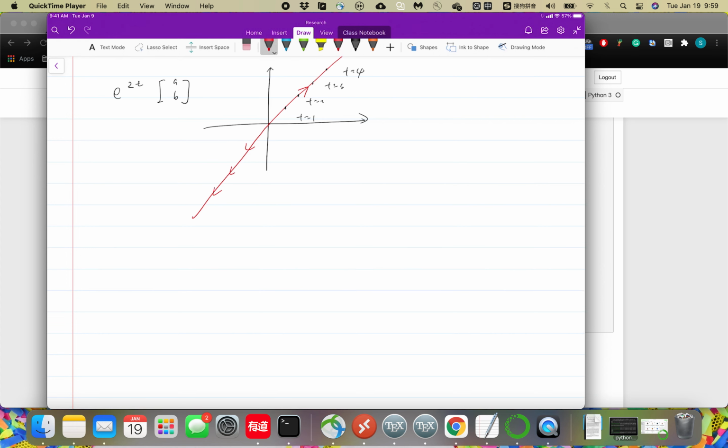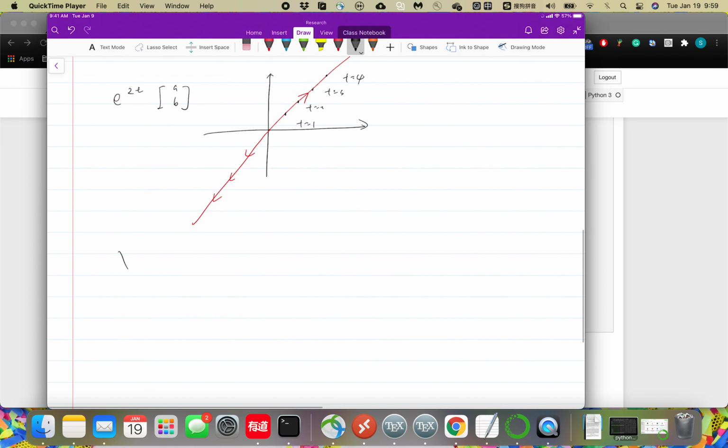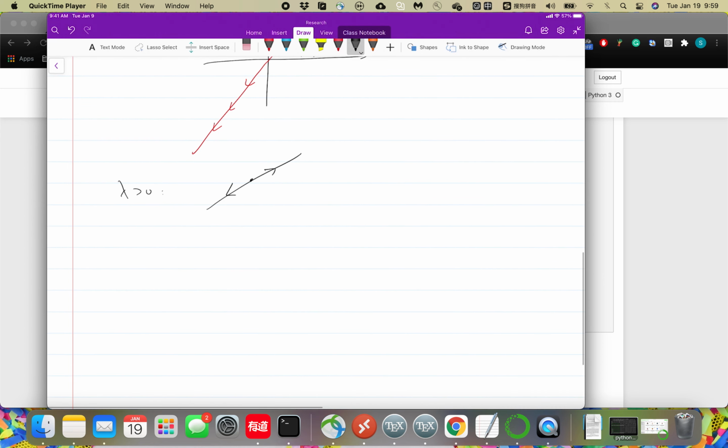From here we can see easily that this is going to be a source if you just care about this one dimension. So when lambda is bigger than 0, on this straight line, you are going to have this. Similarly, when lambda is less than 0, you can do the same analogy. When t becomes bigger, you have e to the negative 4t. When t becomes infinity, you will be ultimately very close to 0. Therefore, when t becomes bigger, this one actually goes back to the origin.